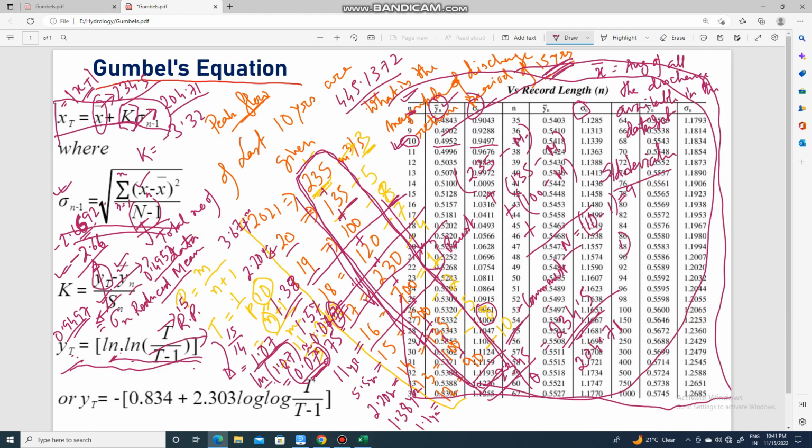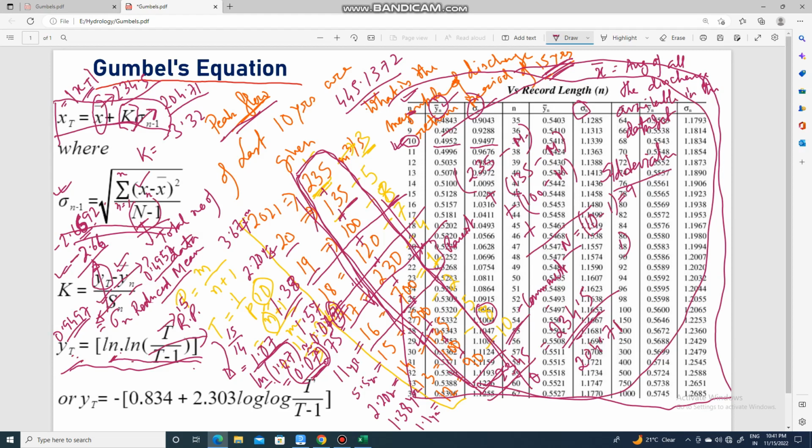So if I summarize every step, then let us see what is in the summary. In summary, what I can say is the question is like this. You have been given the peak discharges of the last 10 years, like this.